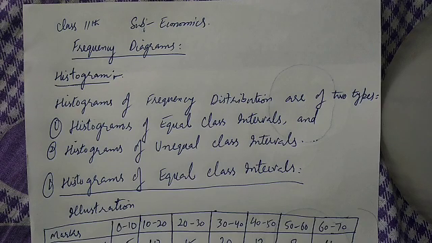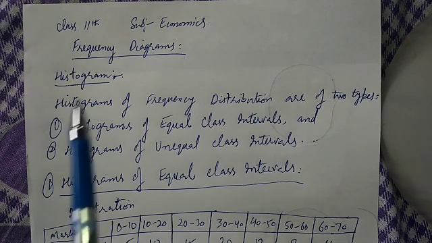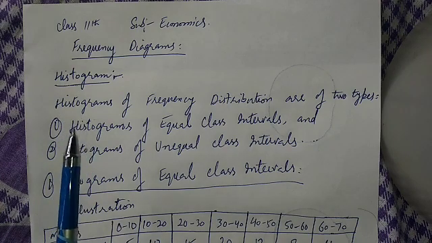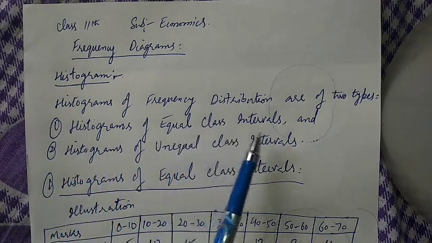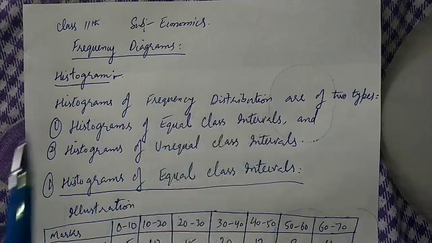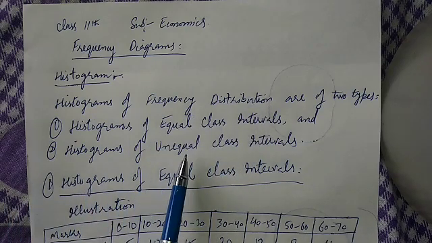Histograms of frequency distribution are of two types. Number one is histograms of equal class intervals, and number two is histograms of unequal class intervals.